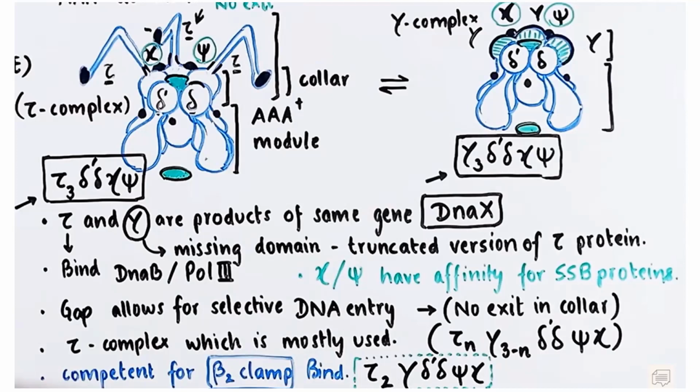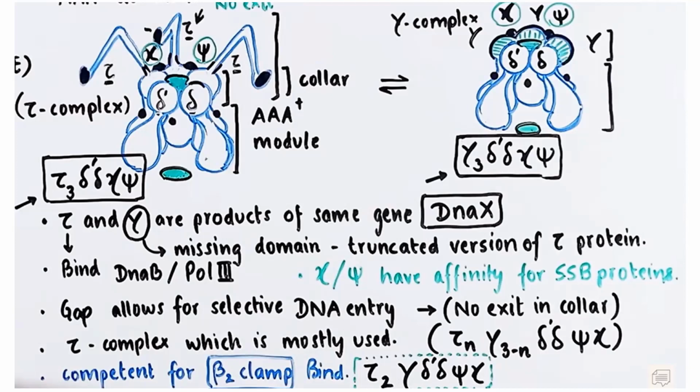The tau and gamma proteins are products of the same gene called dnaX. The gamma protein simply lacks this ponytail, because it is a truncated version. The end of the ponytail, which is only present in the tau protein, binds the helicase DnaB.